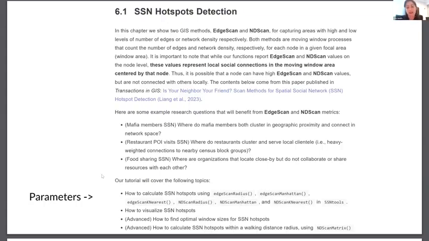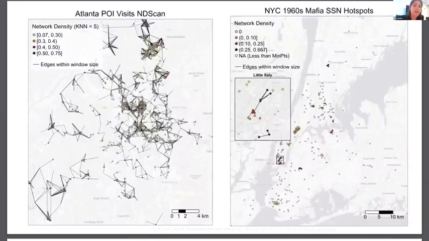And we like that the user can try these different parameters to look at how their results are sensitive to their input radius. So the package will make these different maps quite automatically.